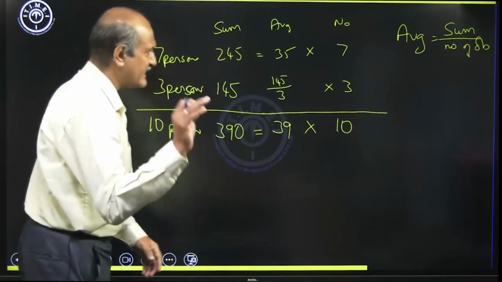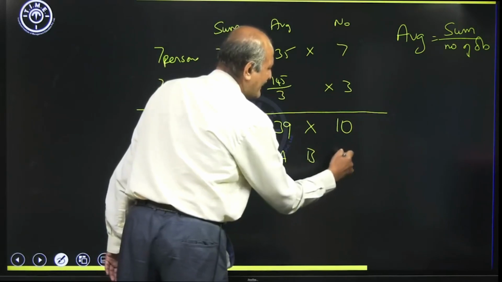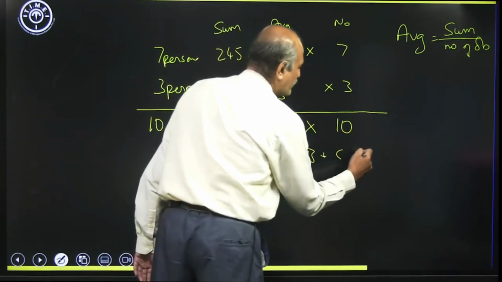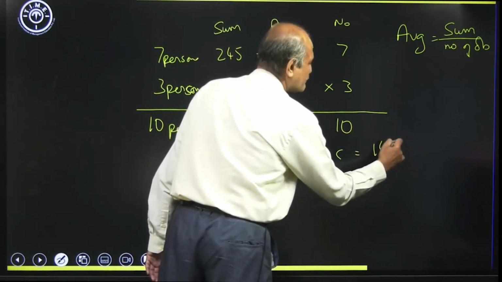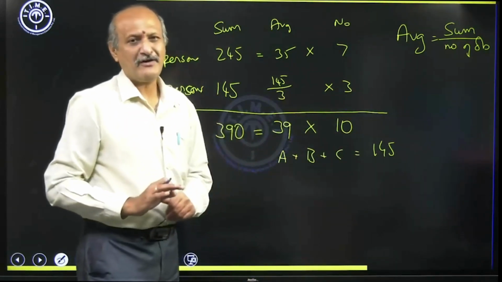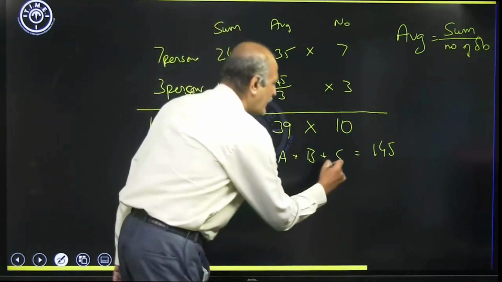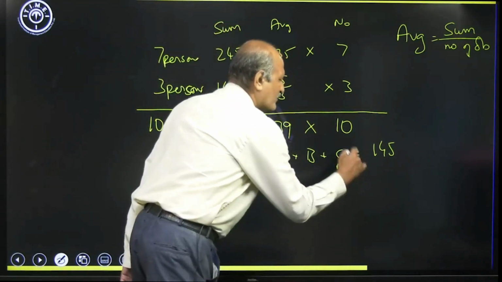Now let's understand this once. There are 3 batsmen here, A, B and C. The sum total for these, we know, is 145. We want to find the minimum value for any one of these 3 batsmen. Let me consider that C is getting the minimum score.